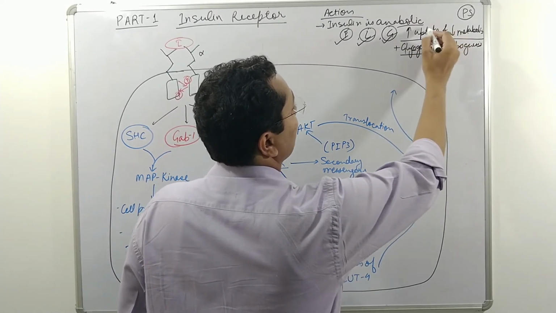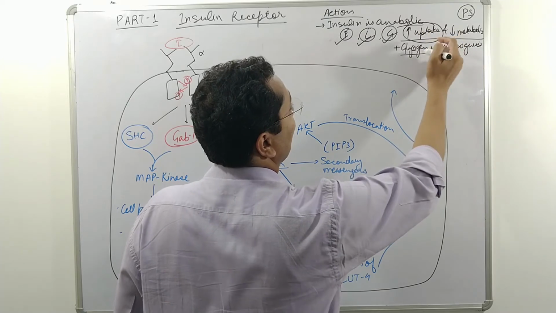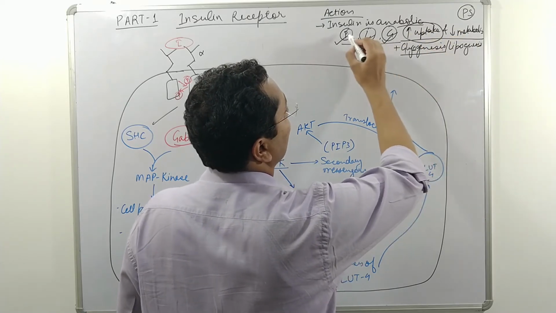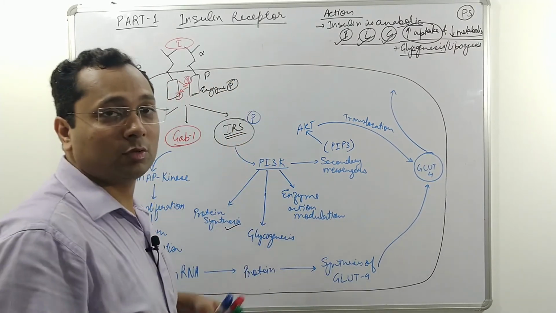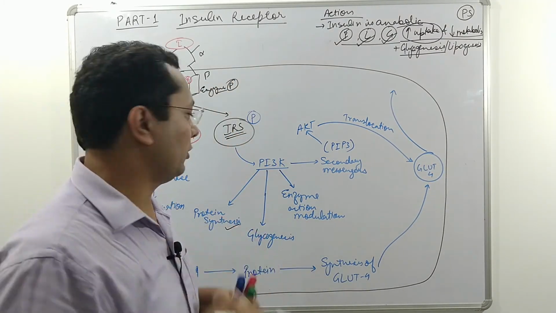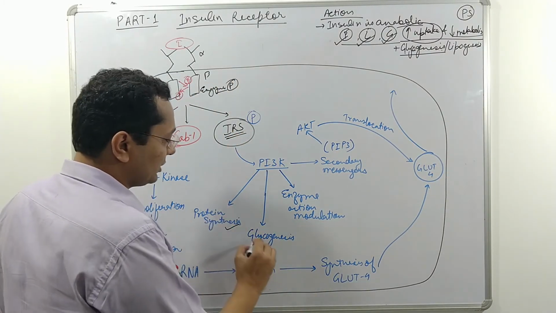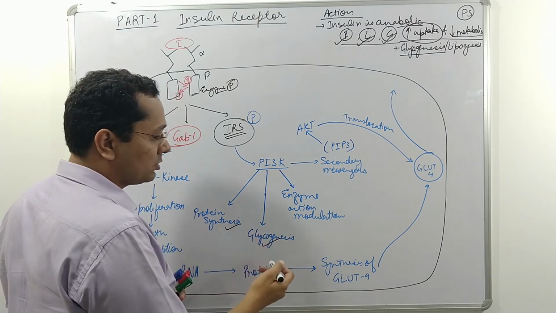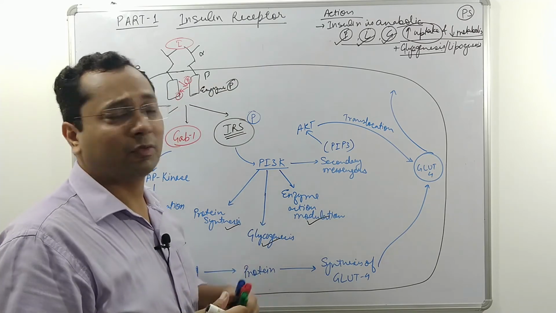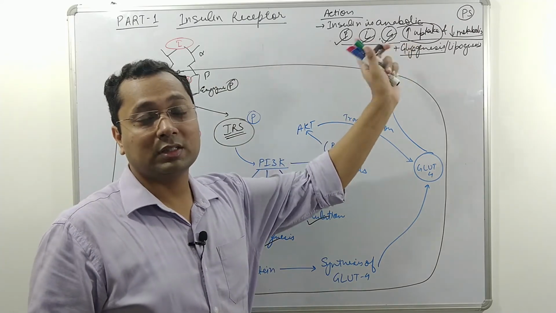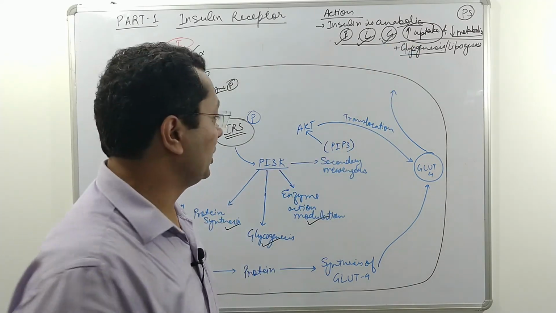This insulin increases the uptake of all these proteins, lipids and glucose and reduces their metabolism. So insulin is more of an anabolic or conservative hormone. So this leads to protein synthesis, this leads to glycogenesis, and this also leads to enzyme action modulation. Certain other enzymes which promote these actions will also be modulated.